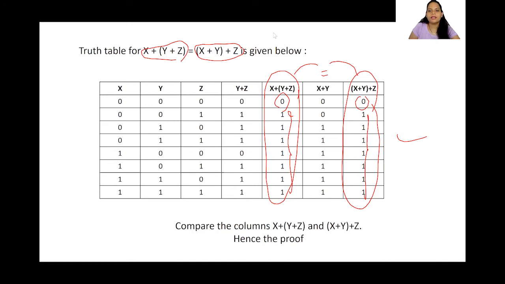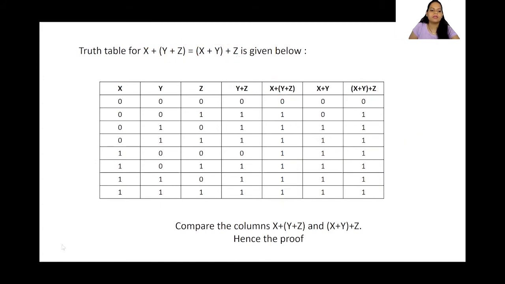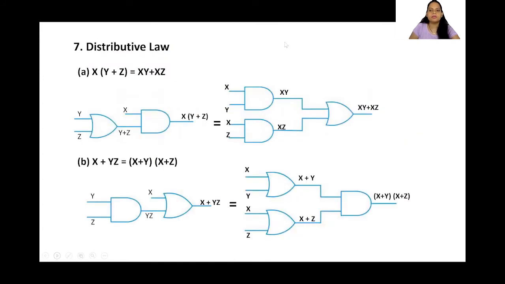Let's go ahead and see the next law, which is nothing but distributive law. Now, what does this distributive law say? This distributive law is saying we are doing a combination of AND and OR operation here. Okay, so whenever there is no dot or plus written, you should understand that this is nothing but AND operation.